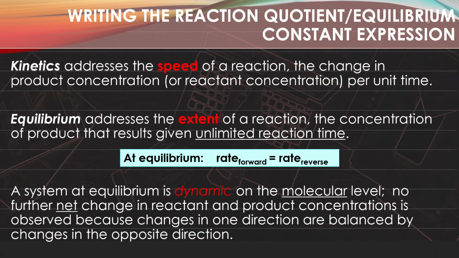Unahin natin si kinetics. Kapag sinabi natin kinetics, it addresses the speed of a reaction, the change in the product concentration or reactant concentration per unit time. Kapag sinabi kasi natin na kinetics, ito yung movement ng mga particles from the reactants towards the products or from the products towards the reactants.